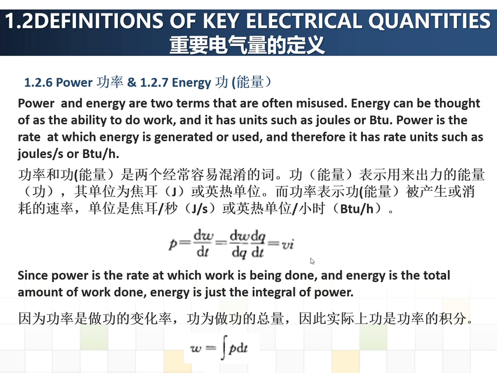So power is equal to voltage multiply current. Since power is the rate at which work is being done, therefore energy is the total amount of work done. Energy is equal to the integral of the power.